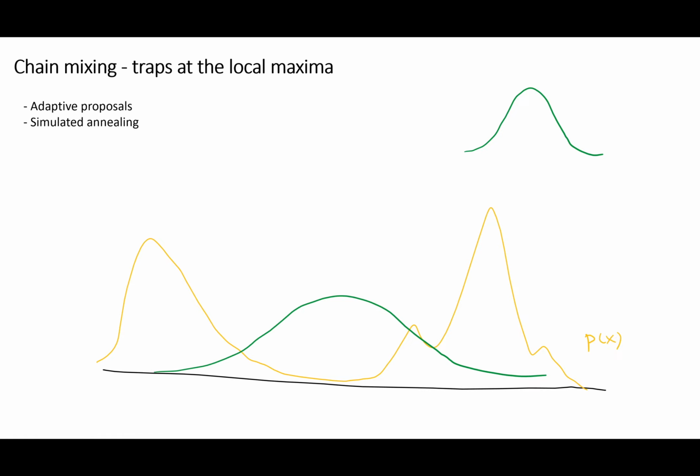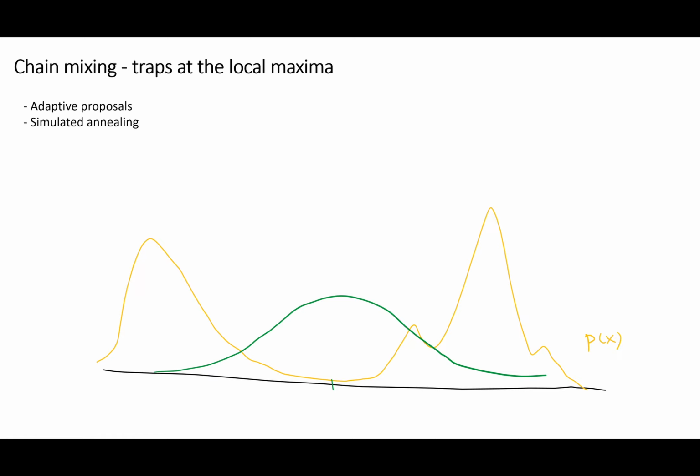You will start with a very wide variation of the distribution, and then as you go, you will lower the variance, and you will say, I'm more confident that I can accept or generate samples closer to my current state. So I will start with a very wide proposal.